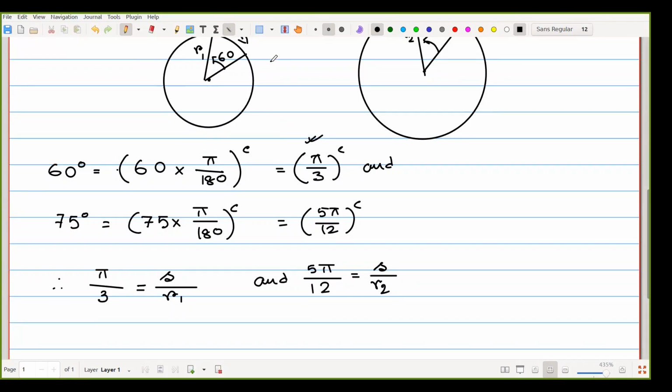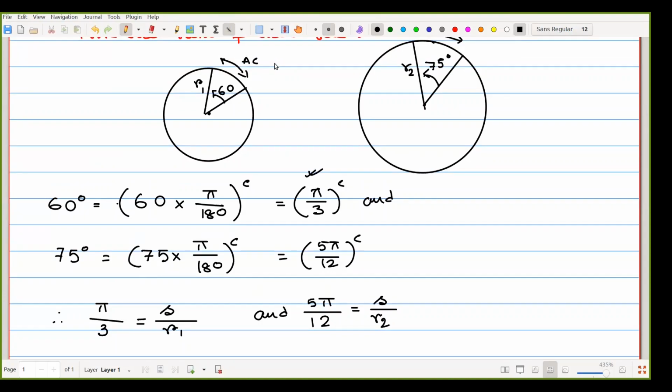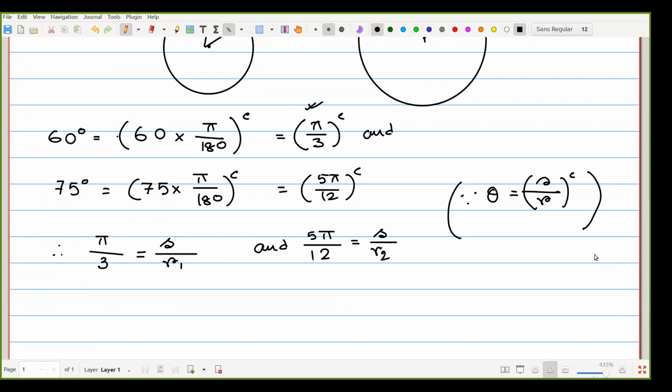We have to remember both have the same arc. Now you can also write here theta is equal to S by R. Already we have described it in the previous class.